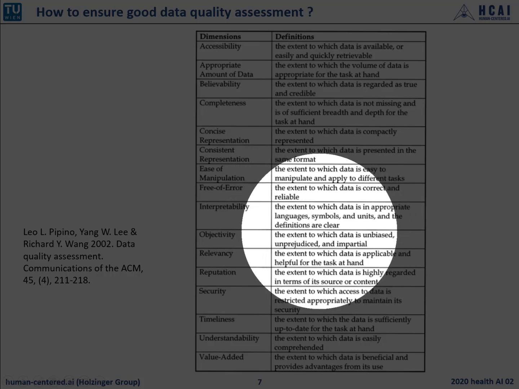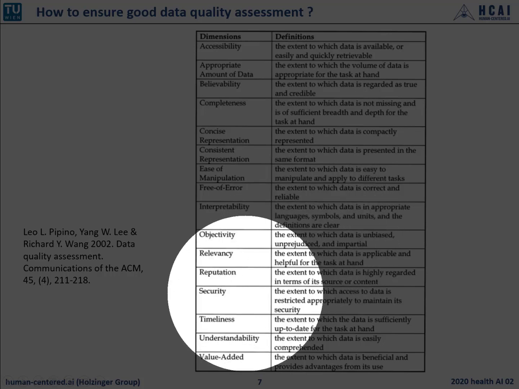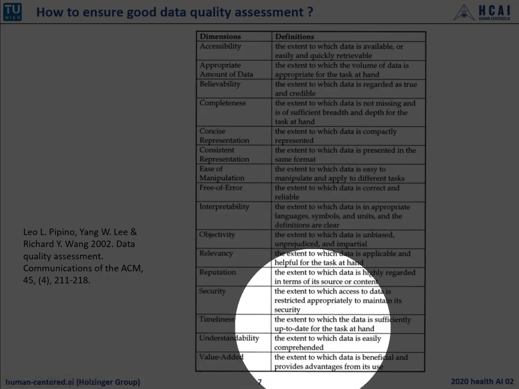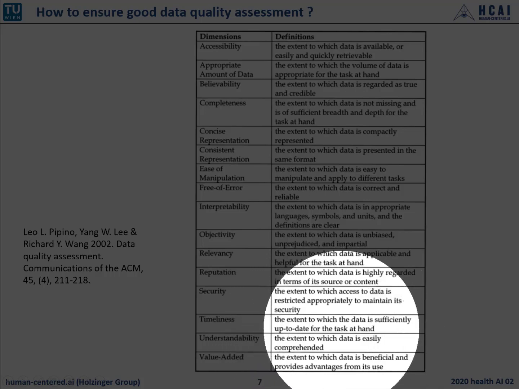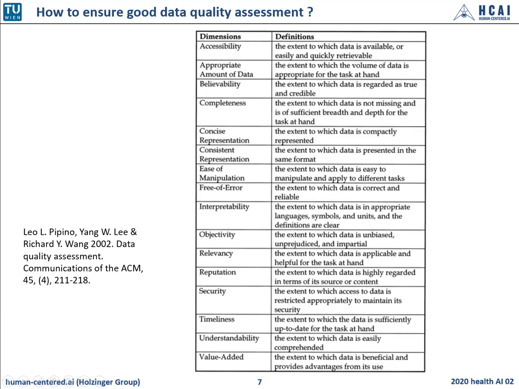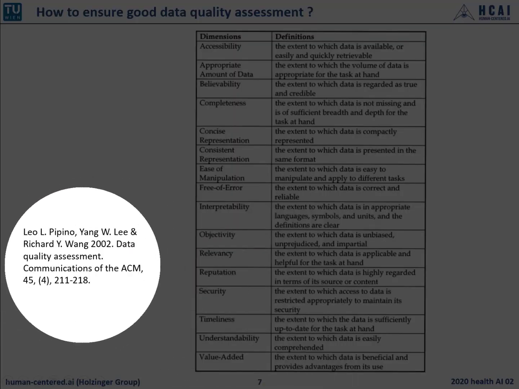You see, the definitions must be clear. And then, for example, timeliness, the extent to which the data is sufficiently up to date for the task at hand. Also very important. So please study carefully at home. If you have a chance, please look up the paper. It's really worthwhile to read.